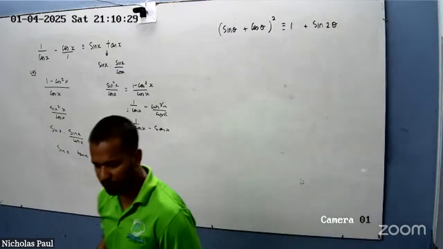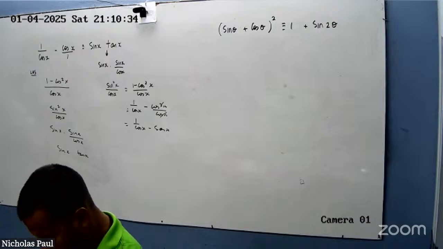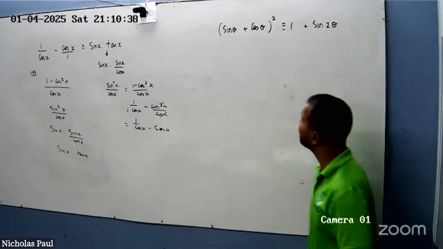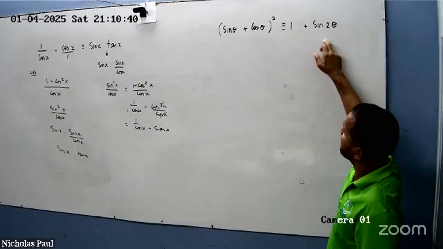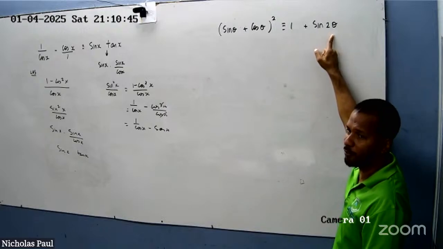Make sure that this equals this. Of course, you have to know the identity, so go back to the red side and make sure you know it.